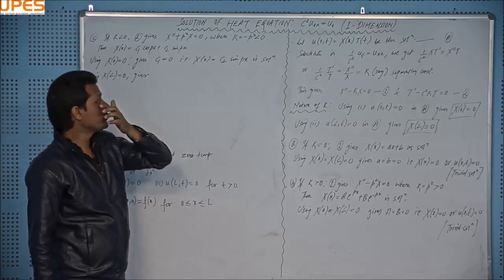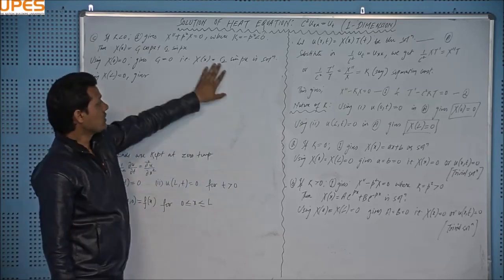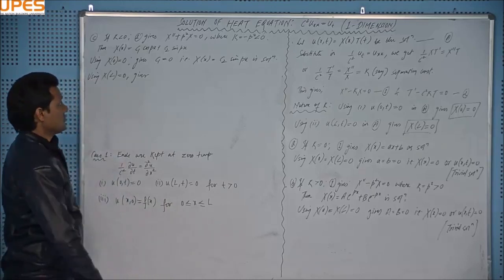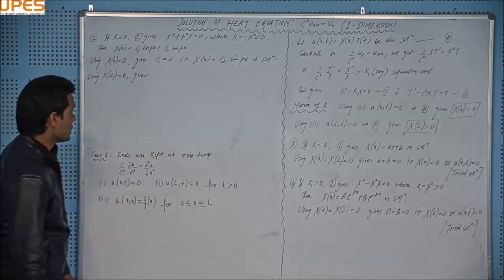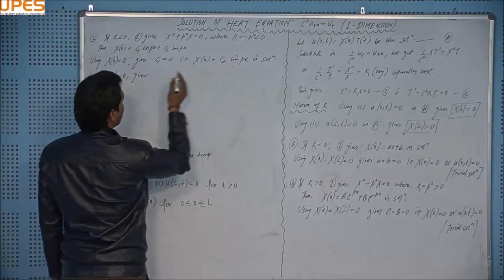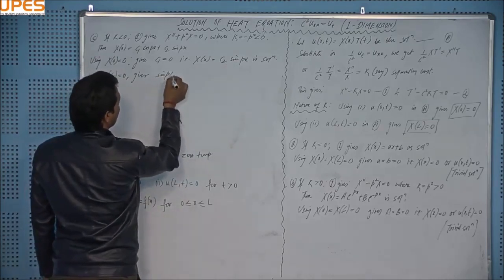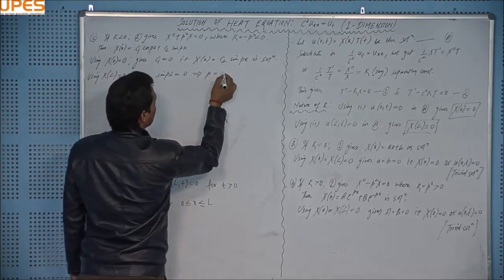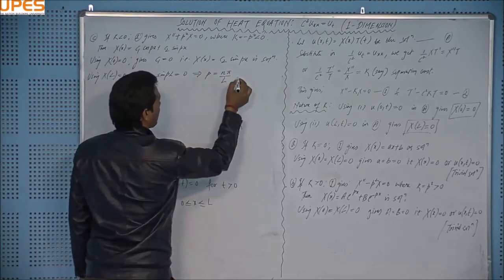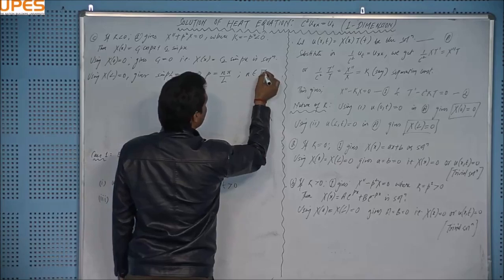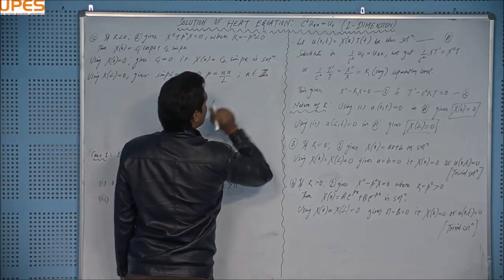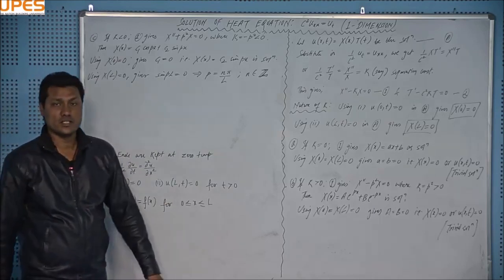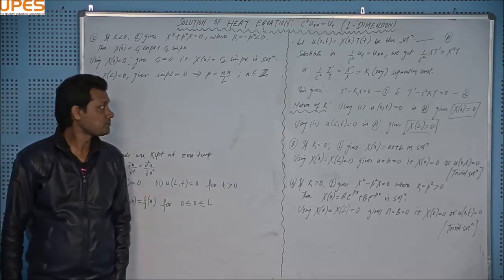If you take C2 equal to 0, that will give me a 0 solution, and I will avoid every constant that will give me a 0 solution, right? So that will give sin pL equal to 0, right? And that implies p equal to n pi over L, and n is any integer, right? You know that sine is 0 for every integral multiple of pi.